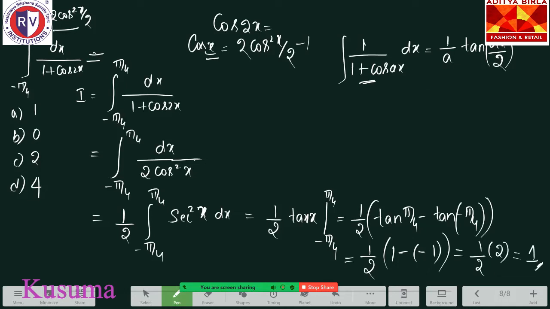Now if we apply the formula directly, a is 2, so this will be 1 by 2 into tan of ax by 2, which gives x, from minus pi by 4 to pi by 4. Applying the limits, we get answer 1. So you get the answer in 3 steps if you remember that standard result. So option A is the right answer here.